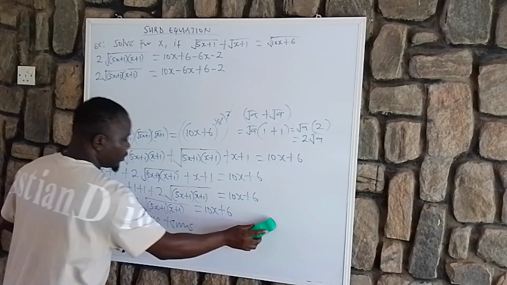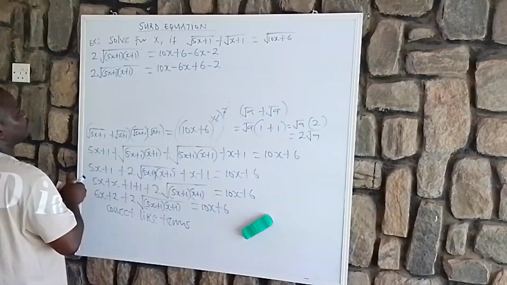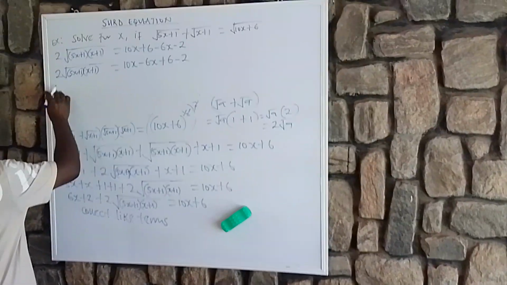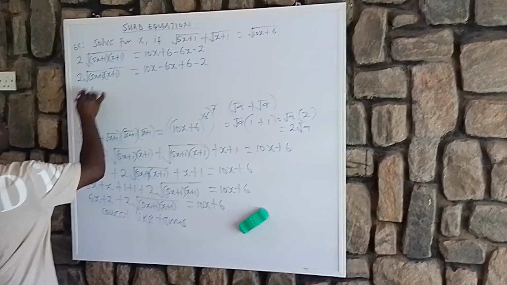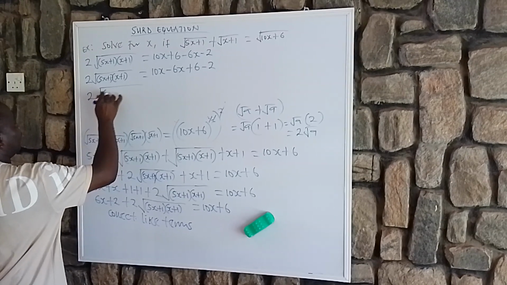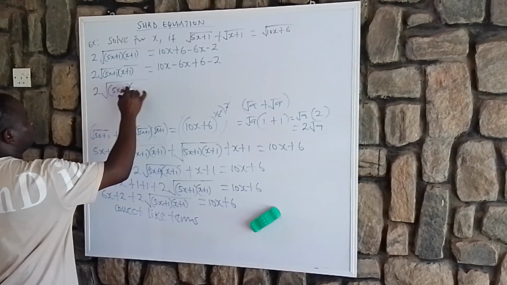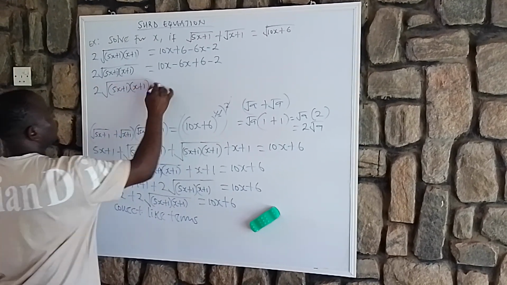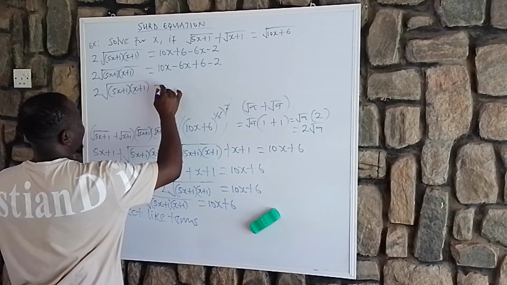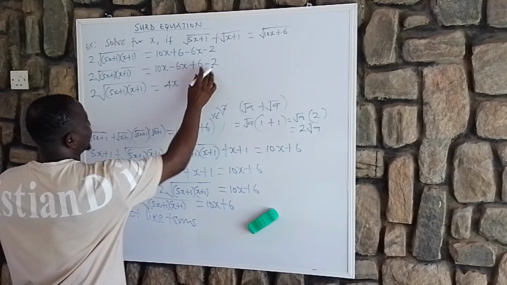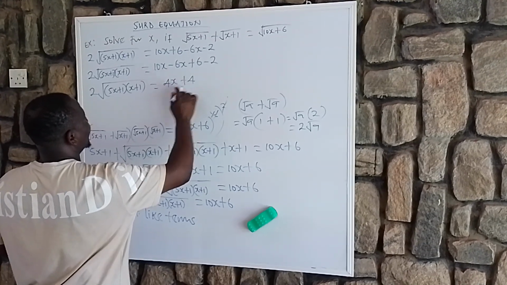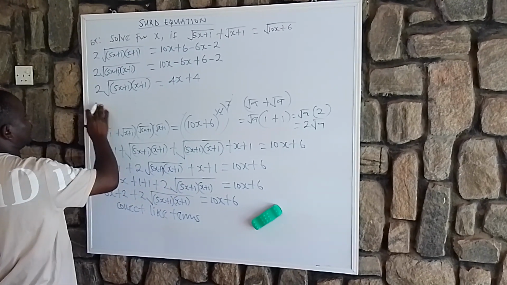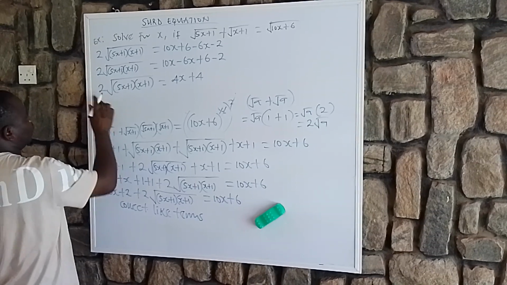Okay, so what we need to do is subtract. If we subtract, 5x plus 1 all in bracket x plus 1 equals this one minus this, which gives us 4x. Then 6 minus 2 gives us 4. True or false?